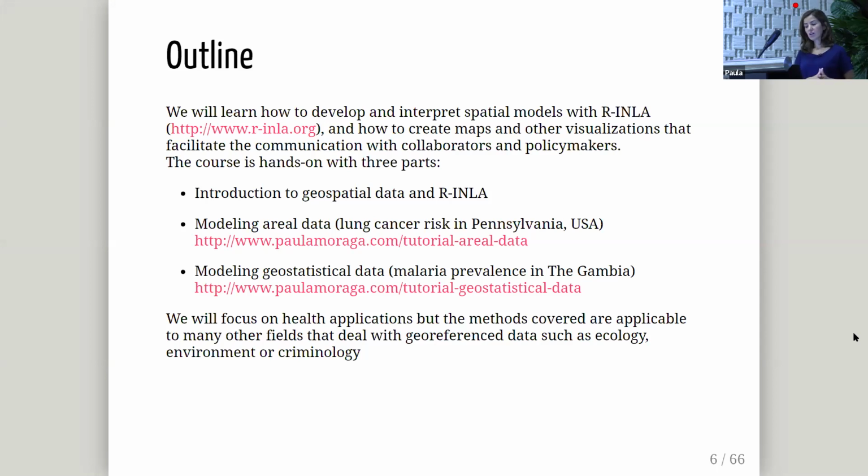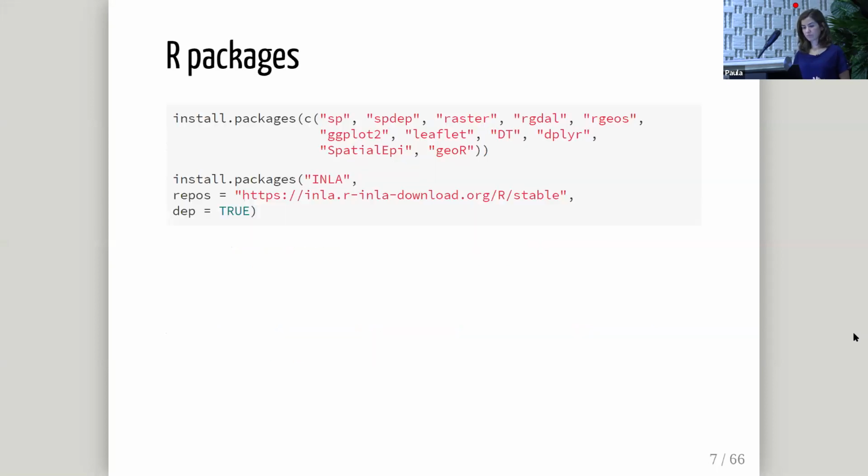For the areal data, we're going to see how to estimate lung cancer risk in Pennsylvania in the USA. And for the geostatistical data, I'm going to show how to predict malaria prevalence in the Gambia. And again, these are disease mapping applications, but the methods can be applied in other contexts, for example, in ecology to predict species distributions, in environment to estimate air pollution, or in criminology to assess patterns of crime.